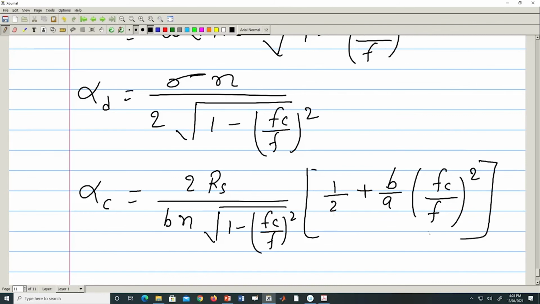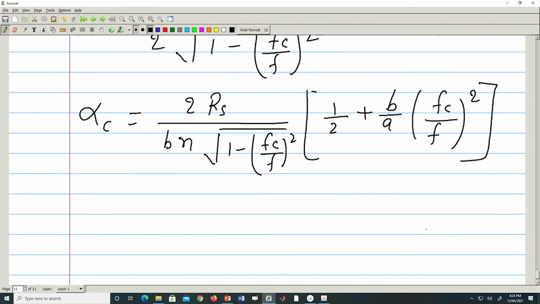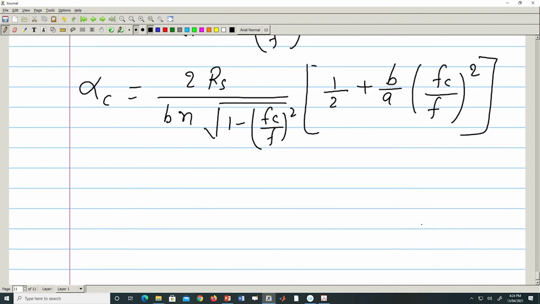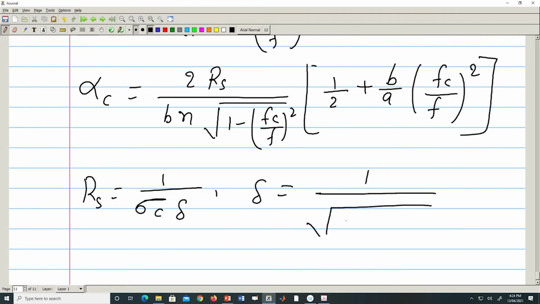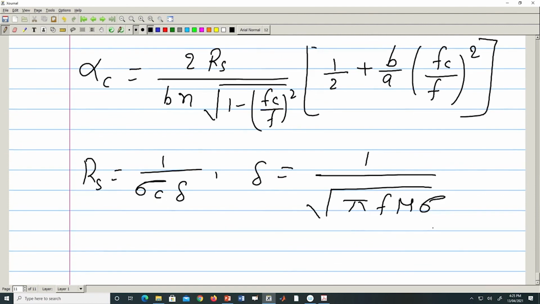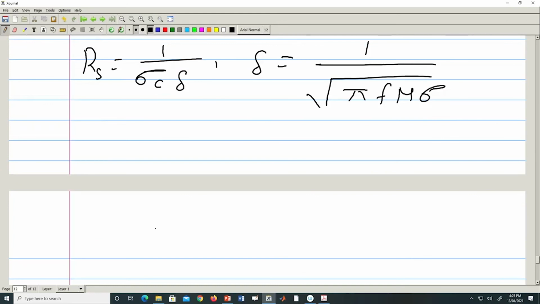Here R s is the skin resistance of the wall, and R s can be written as 1 by sigma c into del, where del is the skin depth, that is 1 by square root of pi f mu sigma. And f c is the cutoff frequency.